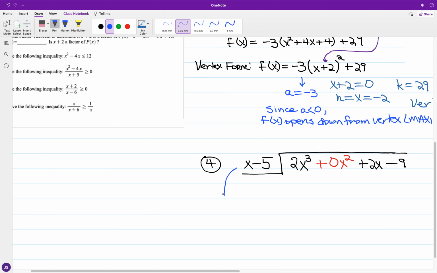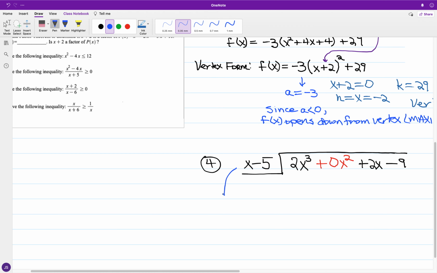With synthetic division, we're looking at column by column addition. From the dividend, the leading coefficient is 2 from 2x cubed. I'm going to bring this down, 2 is brought down, and then I'm going to multiply. Don't multiply and then put it in the column.